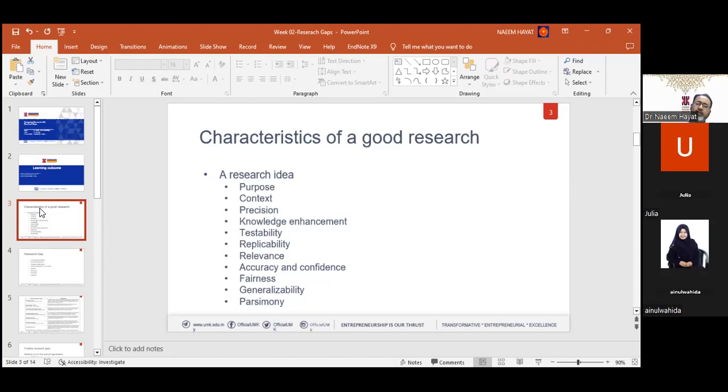Another important issue is generalizability. Mostly research is conducted in a way that we are proposing the generalizability of the research. We need to keep in mind that the generalizability of research is always limited, because we are collecting data, maybe quantitatively or qualitatively, from a certain population, a small segment of the population with very specific characteristics.